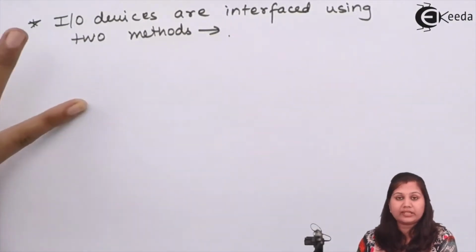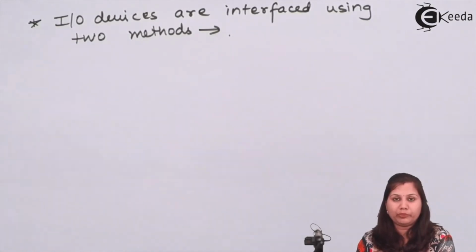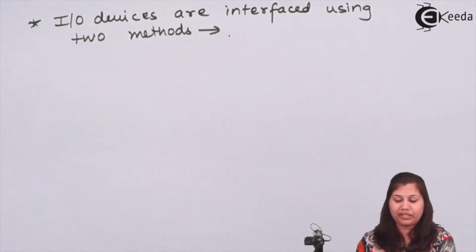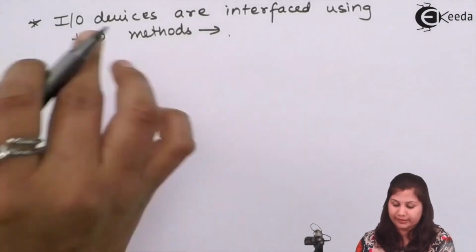Now, in this program controlled input output interfacing technique, we are using the in and out instructions. In this type of interfacing also we have two methods.